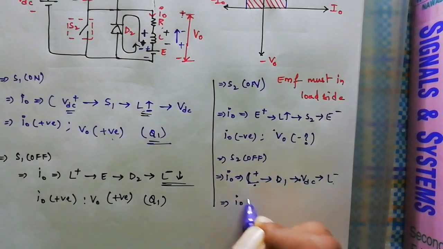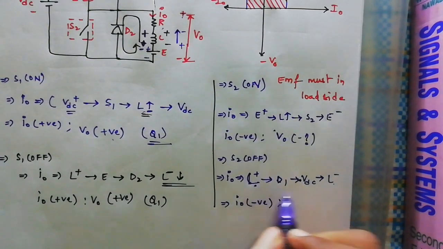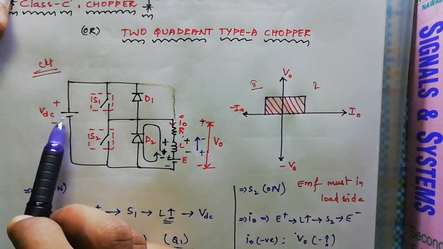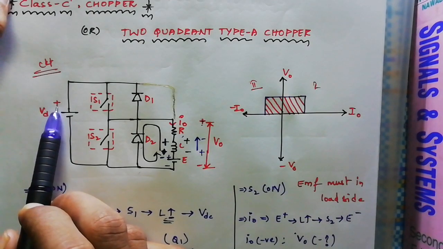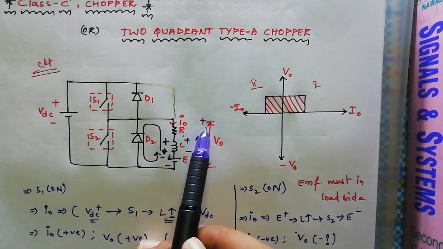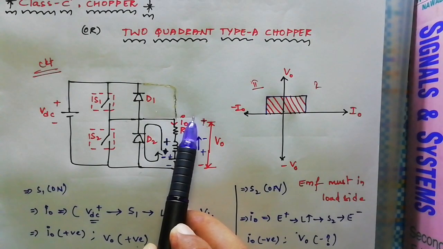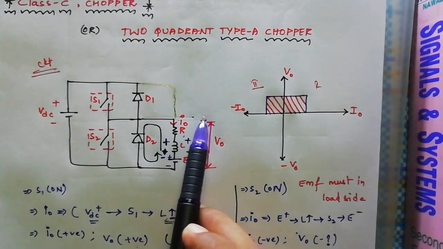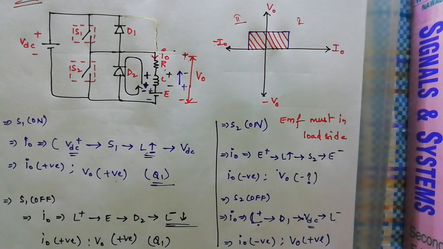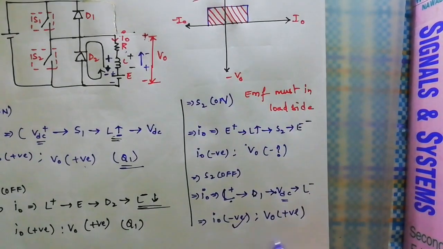What about my current direction? Again the current direction is opposite to the assumed one, and there is a VDC term involved. This is the plus terminal of the VDC and this is the plus terminal of the load. Source plus and load plus are connected together, so there is no change in voltage polarity. So I0 is reversed and V0 is positive.